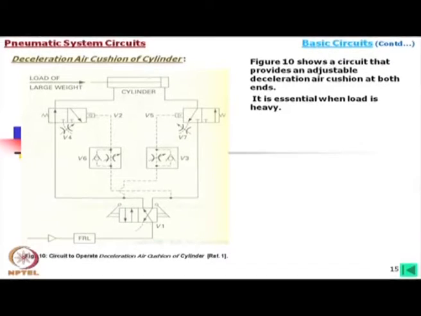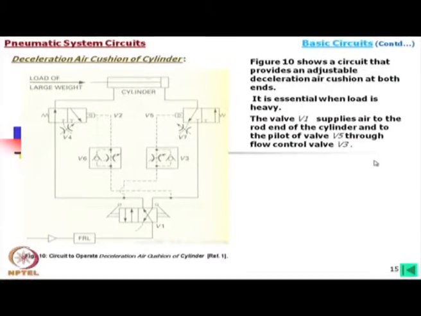In that case, when the cylinder is reaching towards the end of the stroke, the outlet port through which the oil is going out is controlled, the area of that port is controlled, and there is a cushioning effect. In case of air, how is it done?